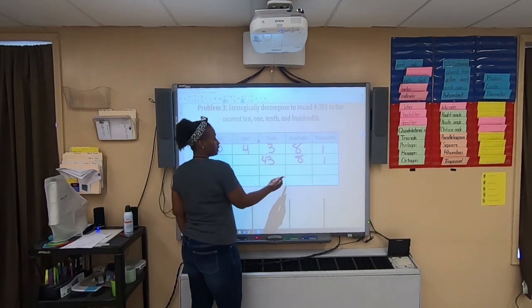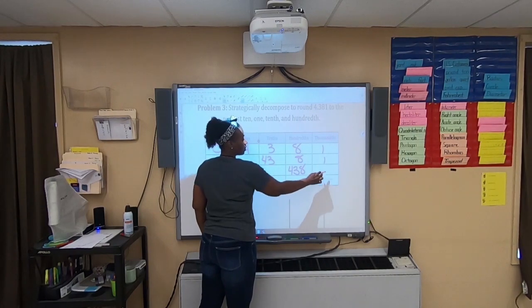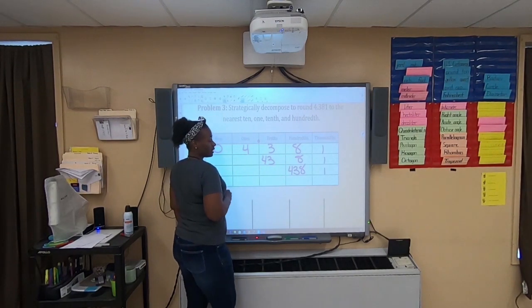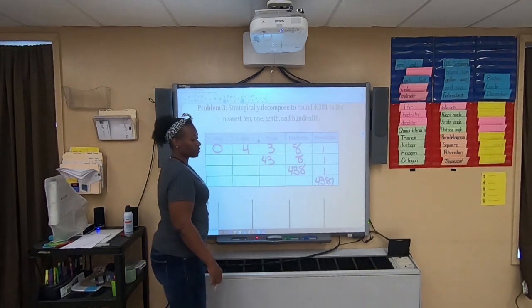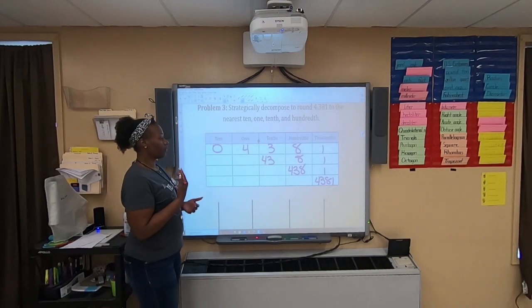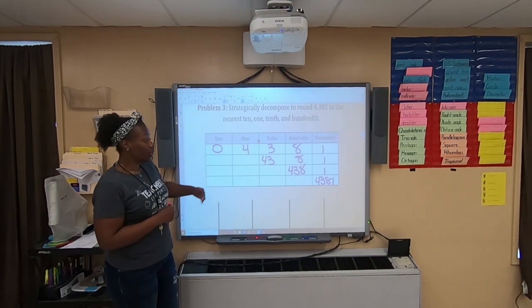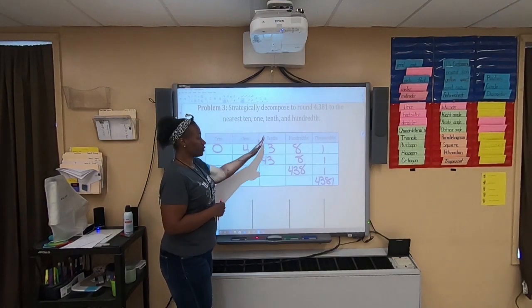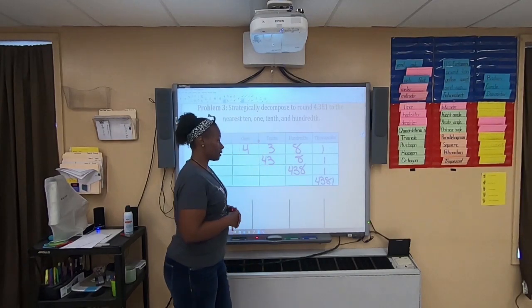Now I'm going to start with the hundredths: 438 hundredths, 1 thousandth. And then I can decompose with all thousandths. It's 4,381. So those are my 4 ways to decompose. Starting with the tens, which we didn't have any. Then we started with the ones. Then the tenths. Then the hundredths. Then the thousandths.